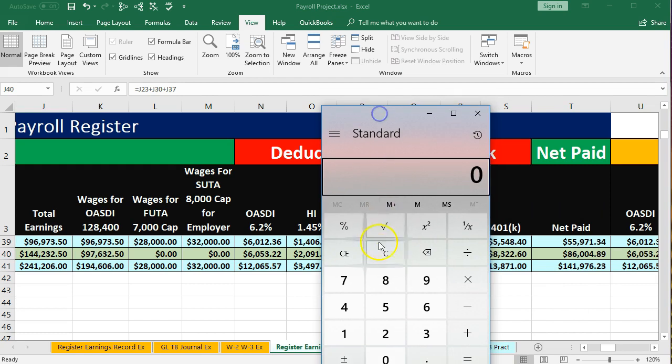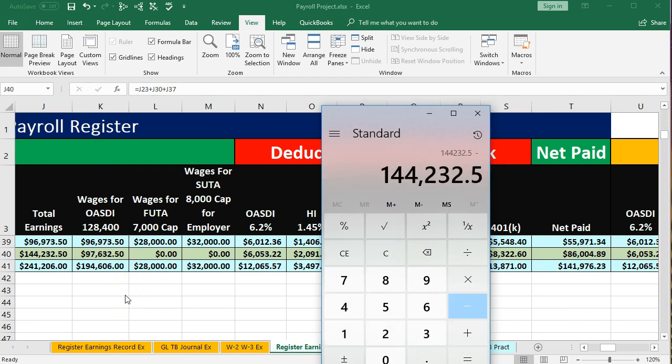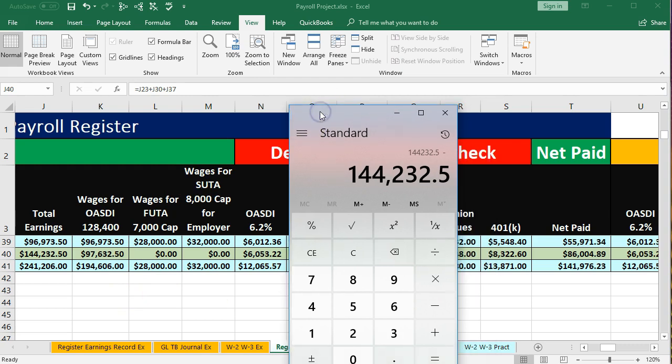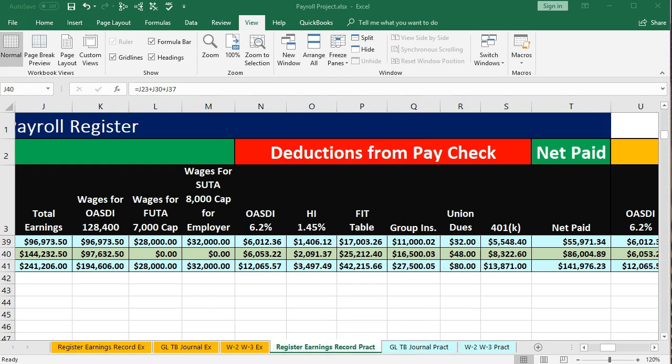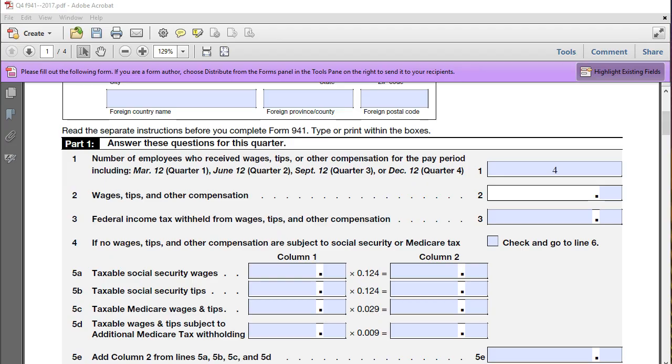So if we take the calculator here, we're going to say it's the 144,232.5 minus the 13,322.6, and that'll give us the 135,909.9. We'll go back and populate our worksheet with that. So back to our worksheet, we're going to populate with 135,909.90.